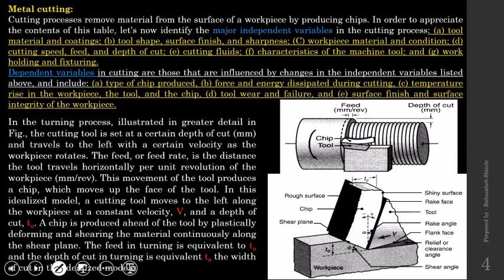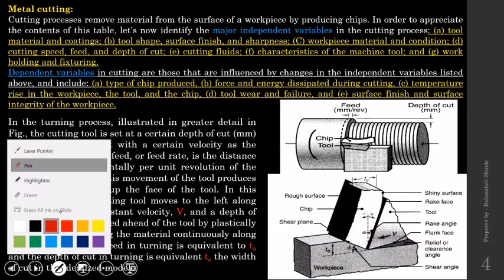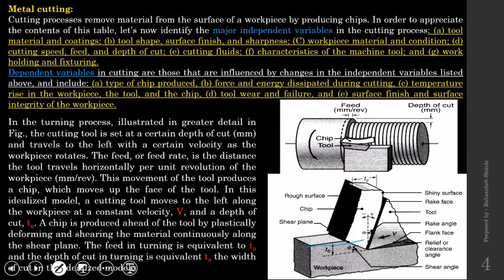Okay, now in the next sketch, the same drawing has been drawn in further detail. Here you can see this is a cutting tool. It is going to move in this direction with velocity v. This is the workpiece. If I draw its original shape, the workpiece is going to be of this much dimension.